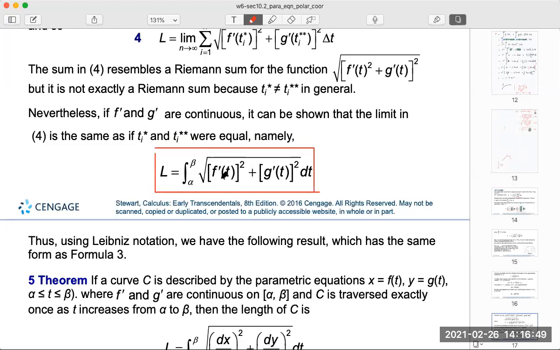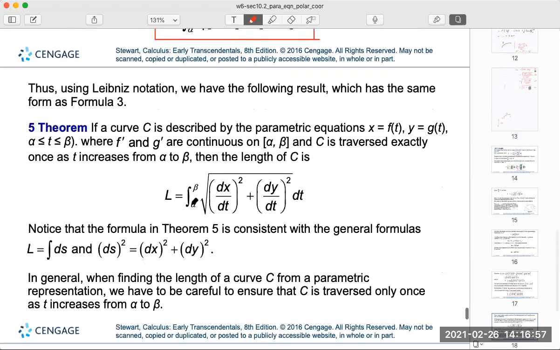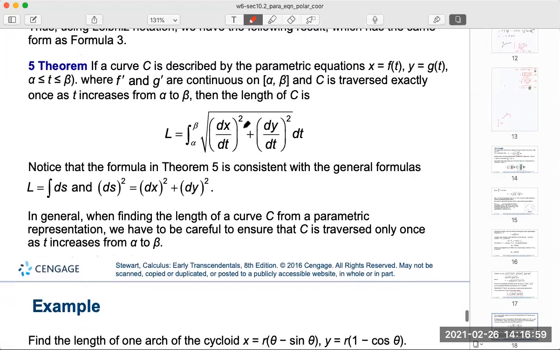Here is f prime squared. Here is g prime squared, from alpha to beta. Or, in short, everything is summarized in this theorem. Okay? Remember, ds squared is dx squared plus dy squared. We discussed this previously.